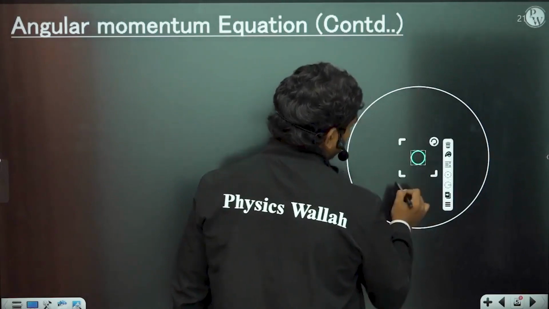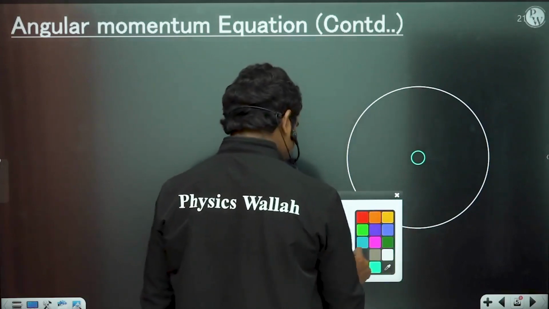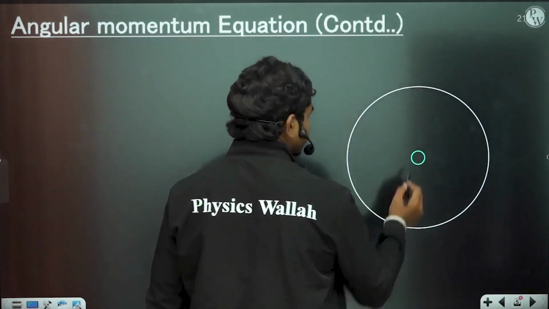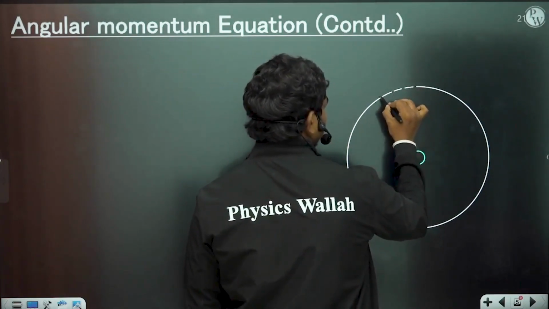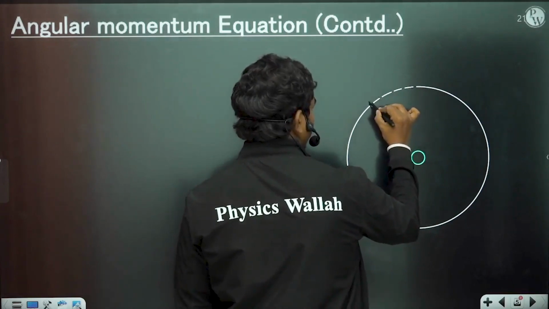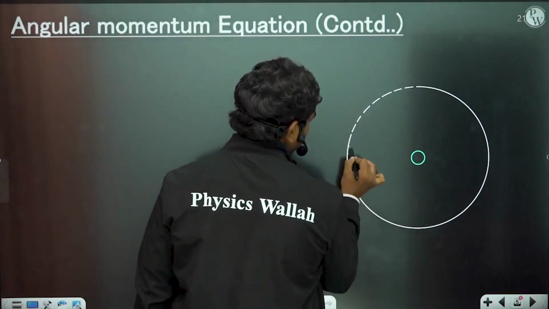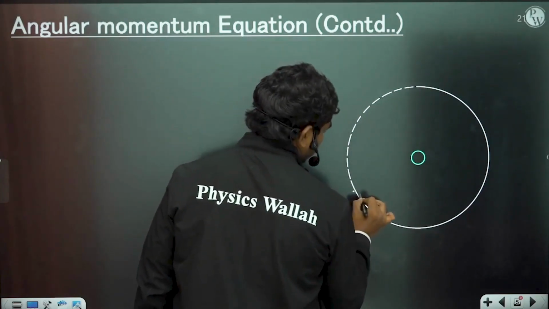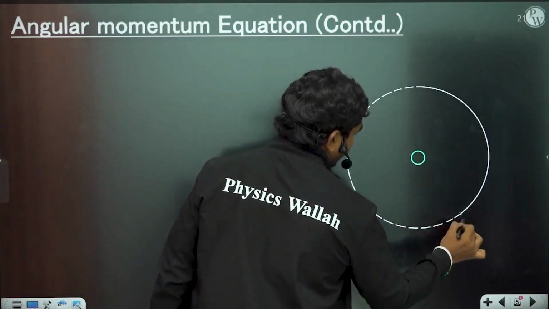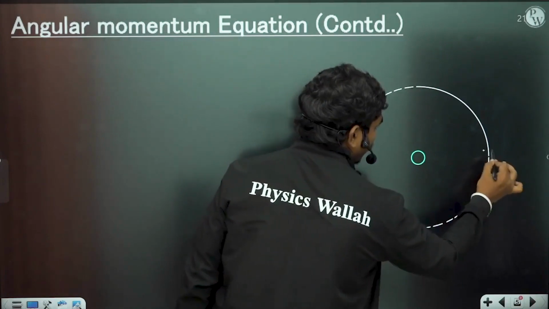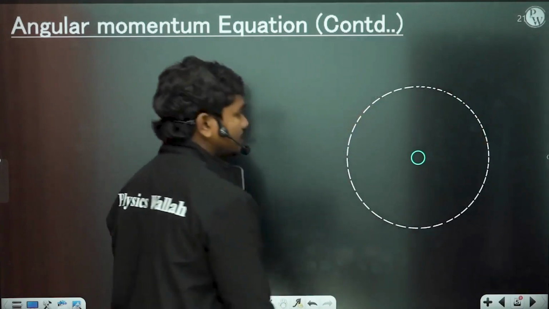Okay, so let us keep it for fluid in and outflow. I just want to show this as some dotted circle, that's it. Okay, so let us suppose you have some dotted circle here.